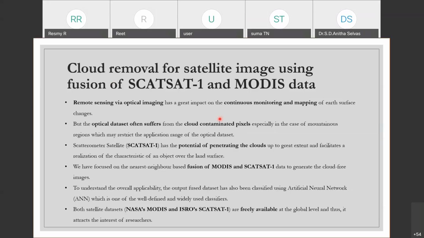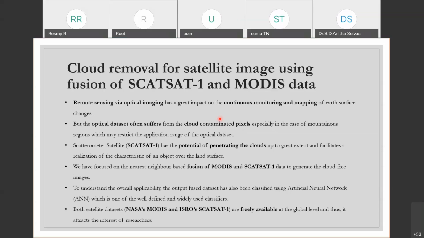So can we use the optical data and the scatterometer data together and fuse them to get a third dataset, which is a fused data for finding out these ground features much more clearly during the cloudy condition? Because the MODIS data is available as a composite image where the cloud is less, and if we go for daily data, then there will be a lot of areas which will be covered with the cloud and we will not be able to get the ground information.